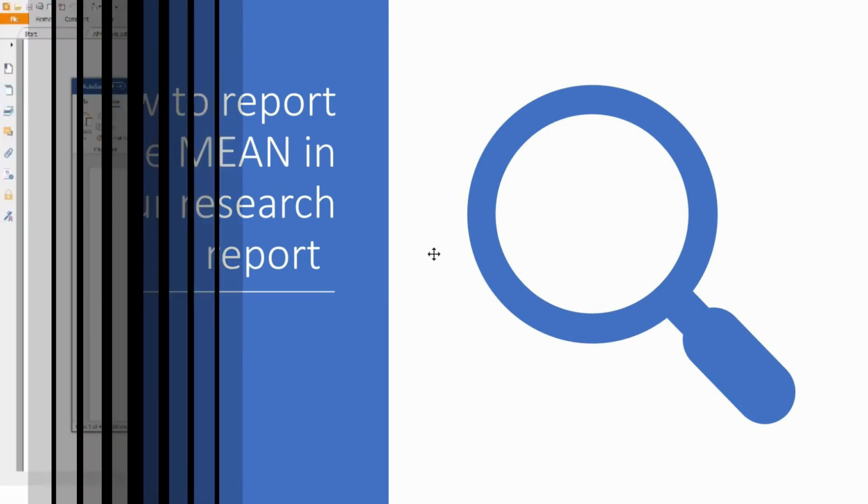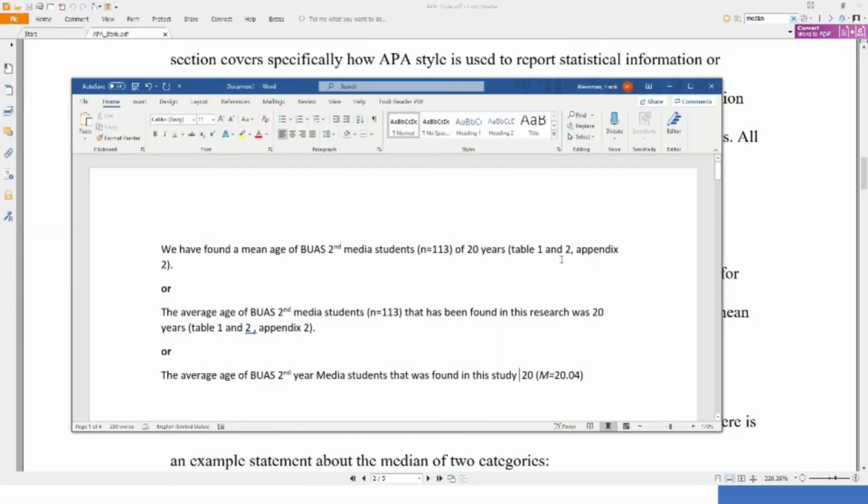How to report the mean in your research report? There are several ways to do so. You can say we found a mean age of BUAS second year media students of 20 years, n is 130, see table 1 and 2 in the appendix.